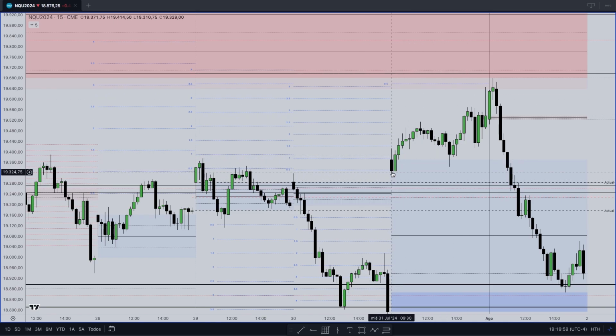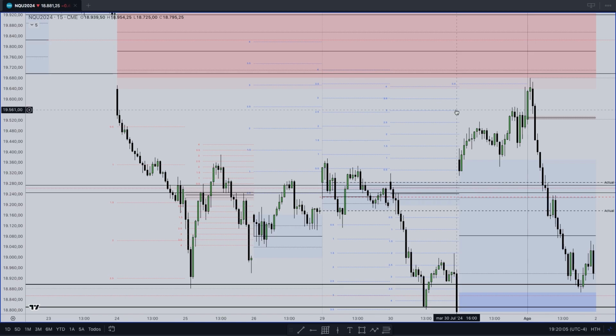Around here on the 5-minute CSD here, and I offset the trade around here on this high here, yes, at the 3 standard deviations and this high here.